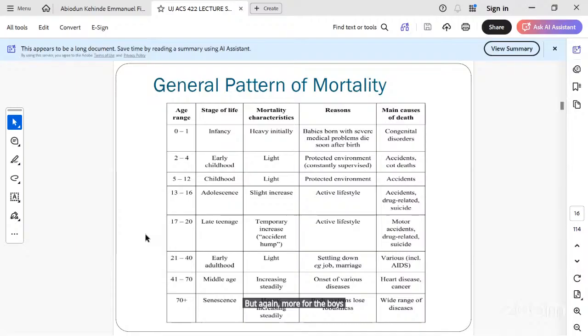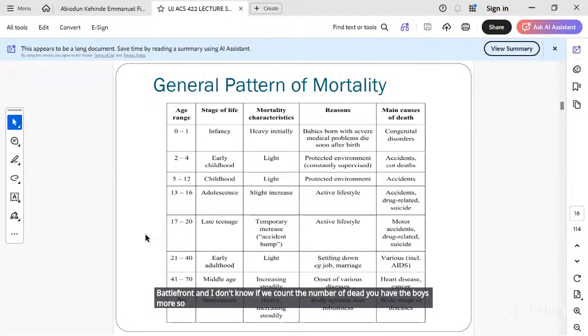But again, more for the boys. Between these ages, if there are community clashes, you go and check. If there are communal clashes, the people that are likely to be involved in those crises are the boys, while the girls will run for safety. The boys will move to the battlefront, and at the end of the day, if you count the number of dead, you have the boys, more.